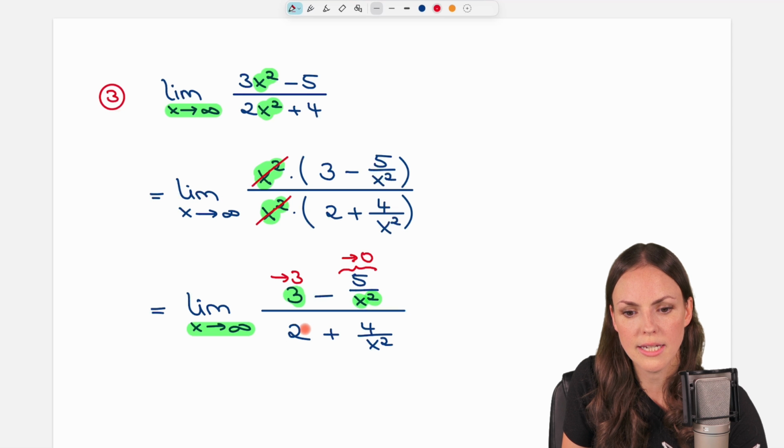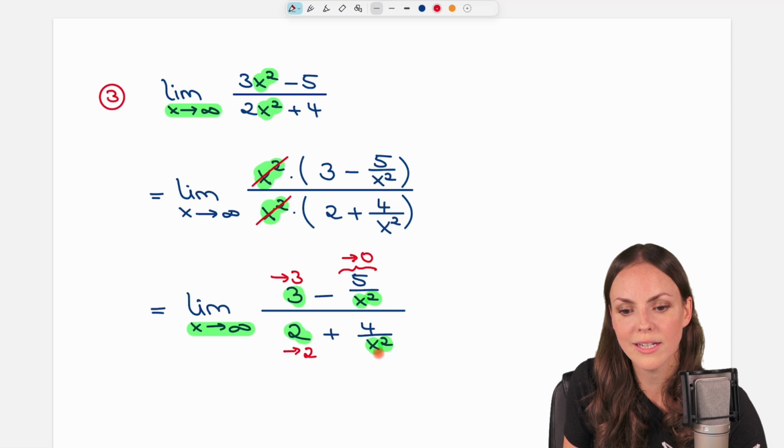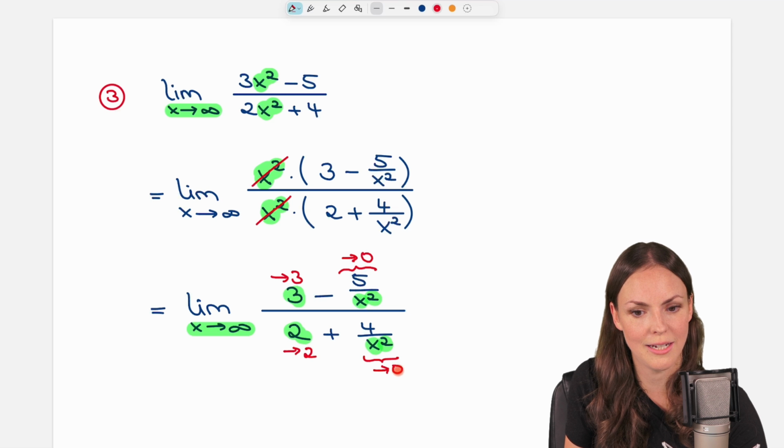Okay, and down here, the 2 doesn't change. It will approach 2. And here, x approaches infinity. X squared approaches infinity. 4 over infinity will approach 0 then.